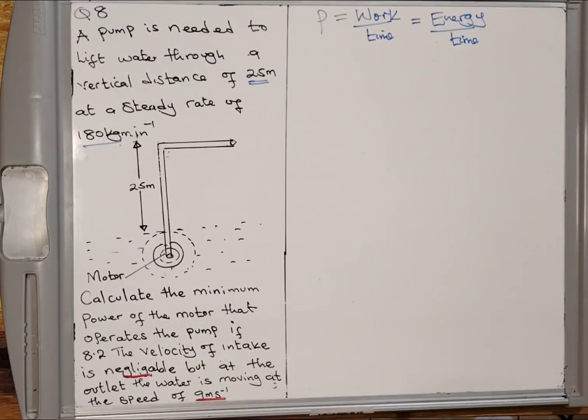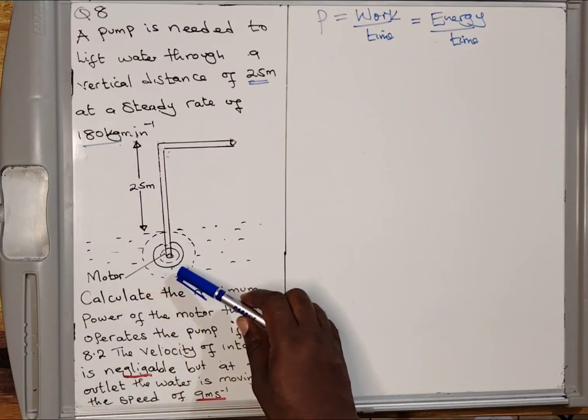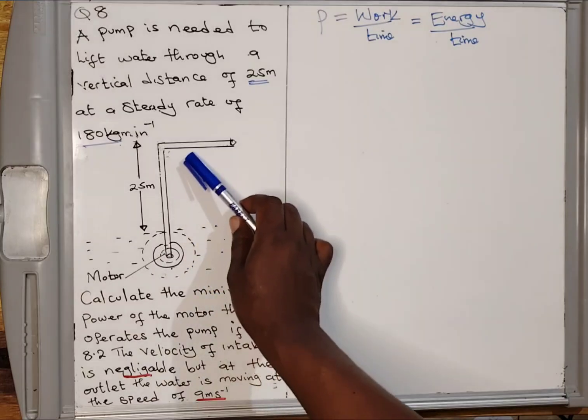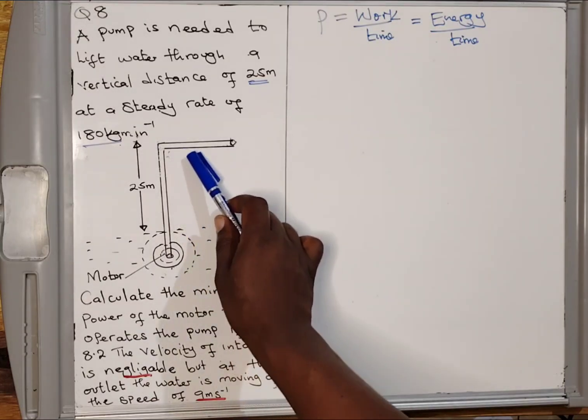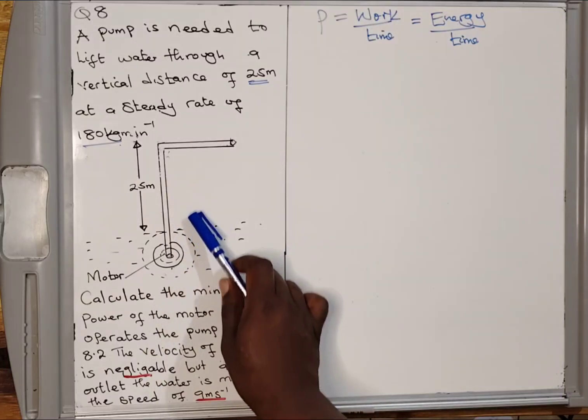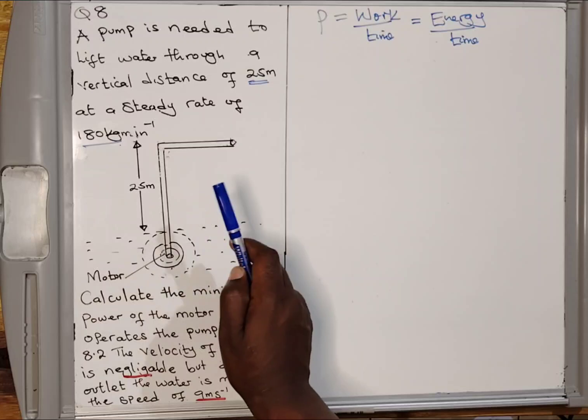Okay, so to answer this question, in this case, you have to know what actually happens. This motor pumps water through this height, expending what you call gravitational potential energy.